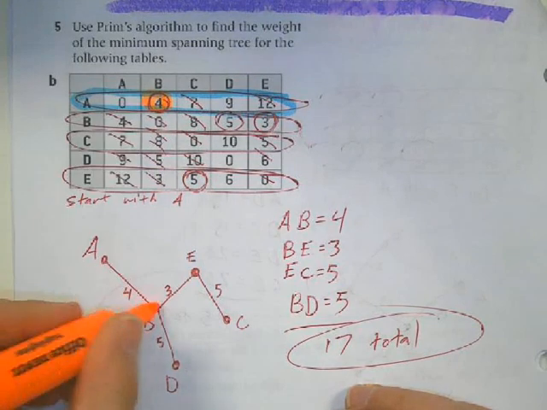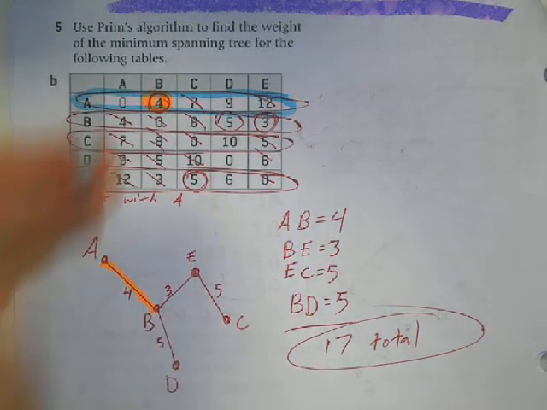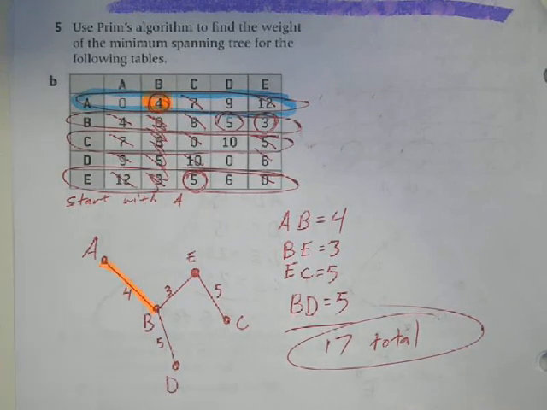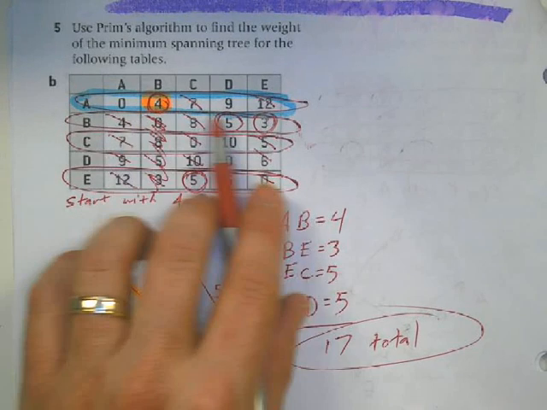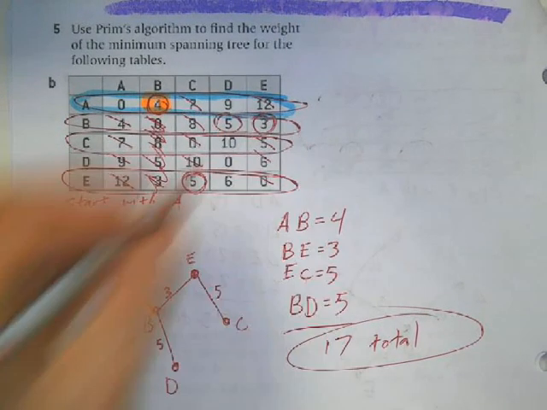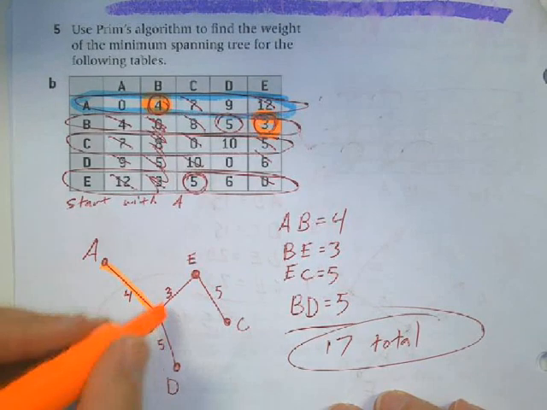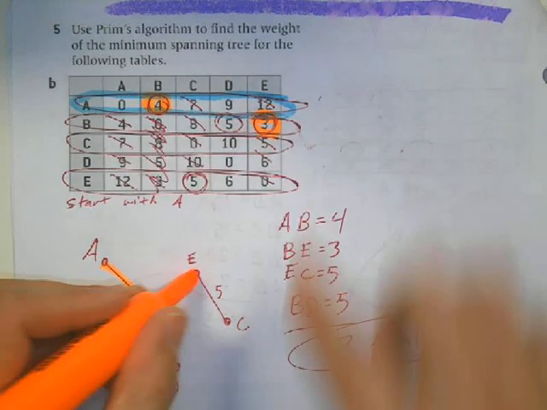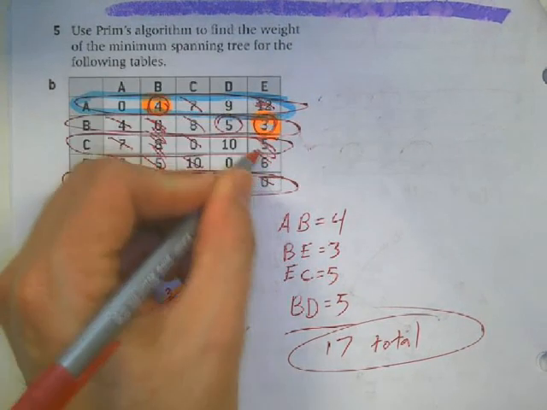So I picked that one there. And then I cross out everything there. And then I look at row B and A, and the smallest one is 3. So then I drew the line from B to E, and then I crossed out this one here.